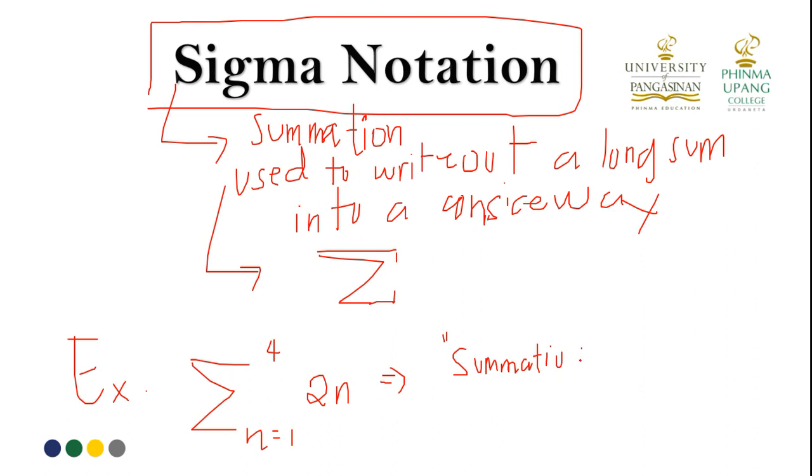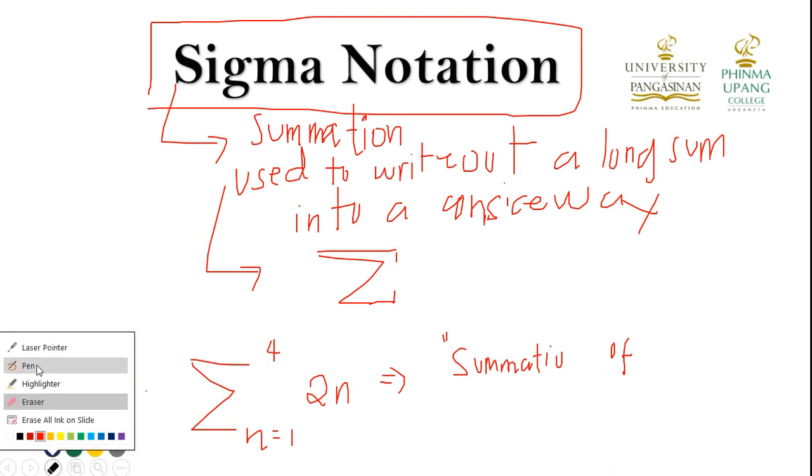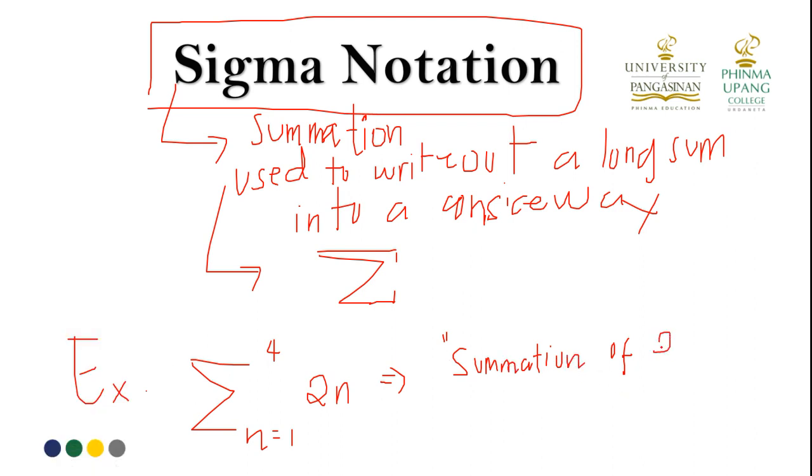Summation of 2n as n is equal to 1 to 4. Ganyan po siya basahin.